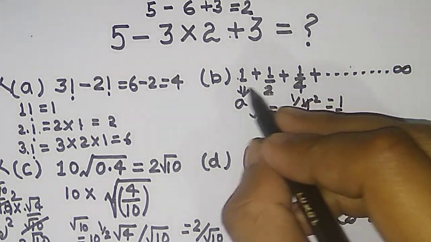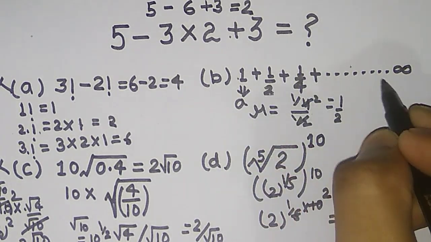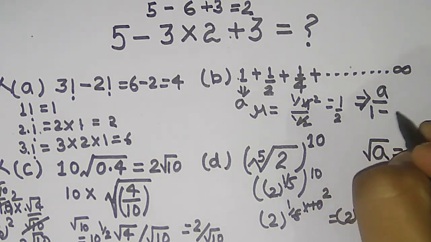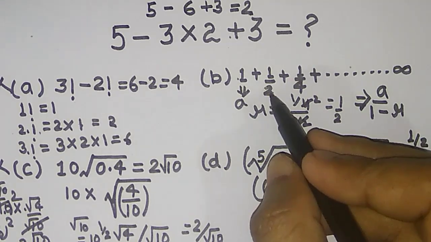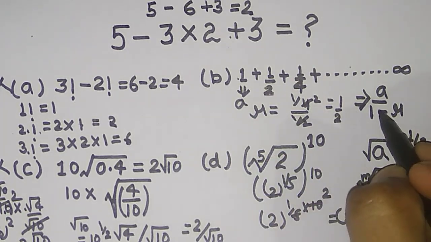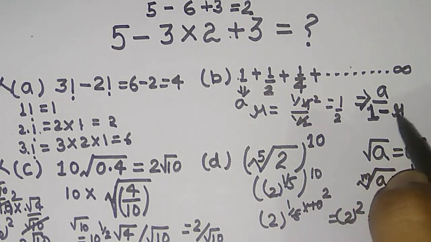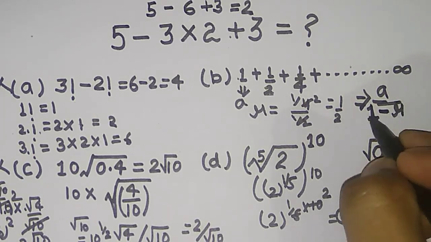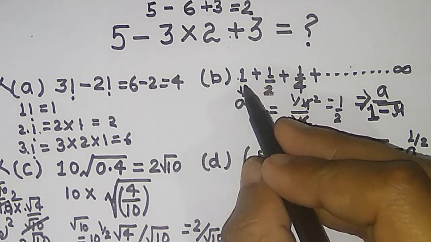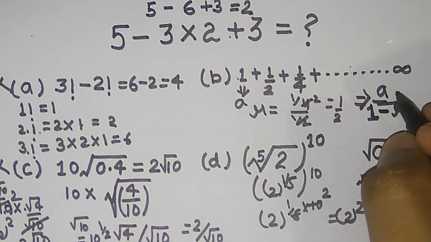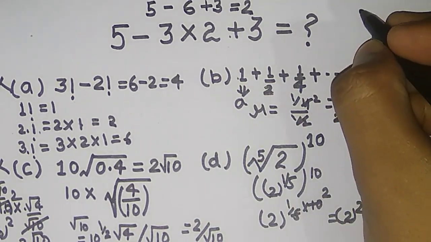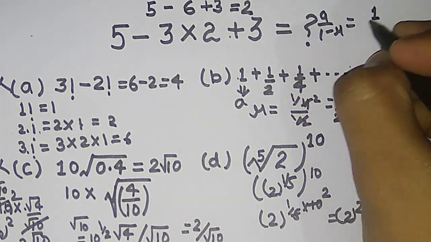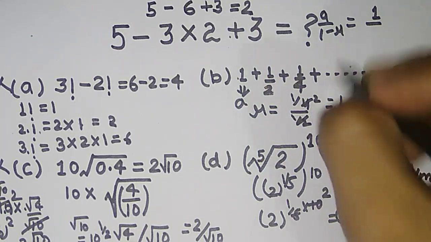So if we need to calculate the sum of this series, it will be equal to A upon 1 minus R. Since R is less than 1, it will be 1 minus R. Otherwise it will be R minus 1 if R is greater than 1. What is A? A is the first term of the series. So A upon 1 minus R will be equal to 1 upon 1 minus 1 by 2, since A is 1 and R is 1 by 2.